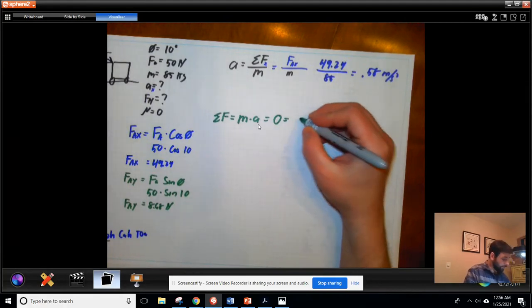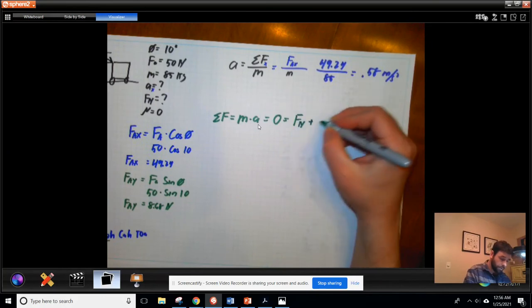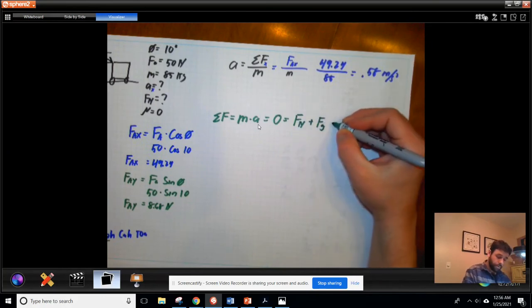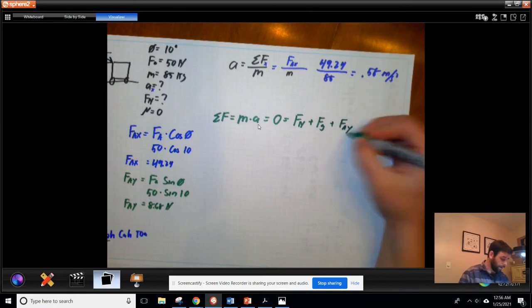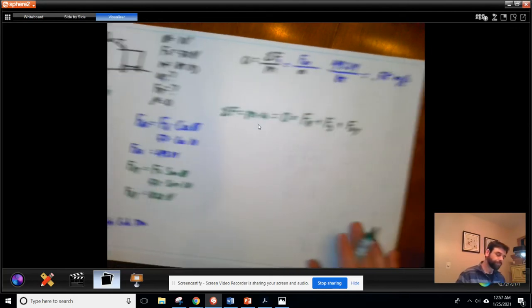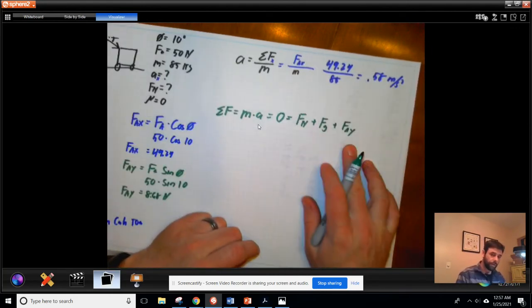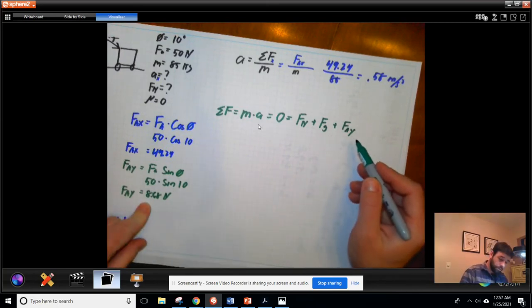So in our forces in the y direction, we, of course, have a normal force acting upwards. We, of course, have gravity pulling us down. And then we have this force applied in the y direction of you pushing the shopping cart down the aisle. Okay? Now, we've already solved for the force applied in the y direction.